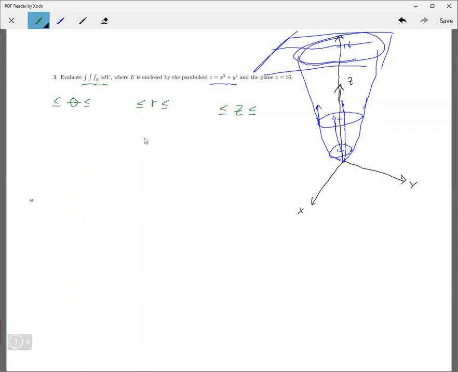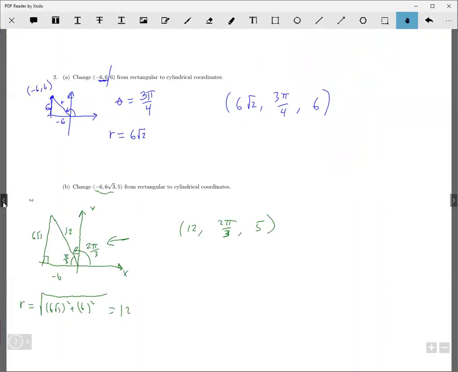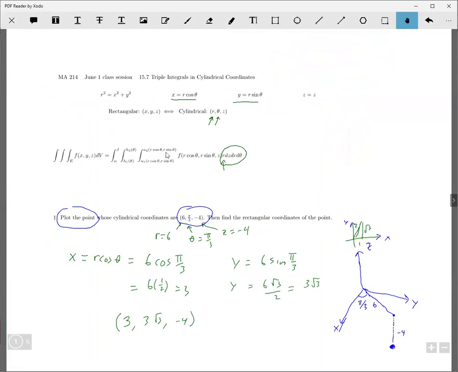Let's see, we'll start with Z first, because remember the way that we want to do it is Z, you want to get that bounded by functions involving R and theta.